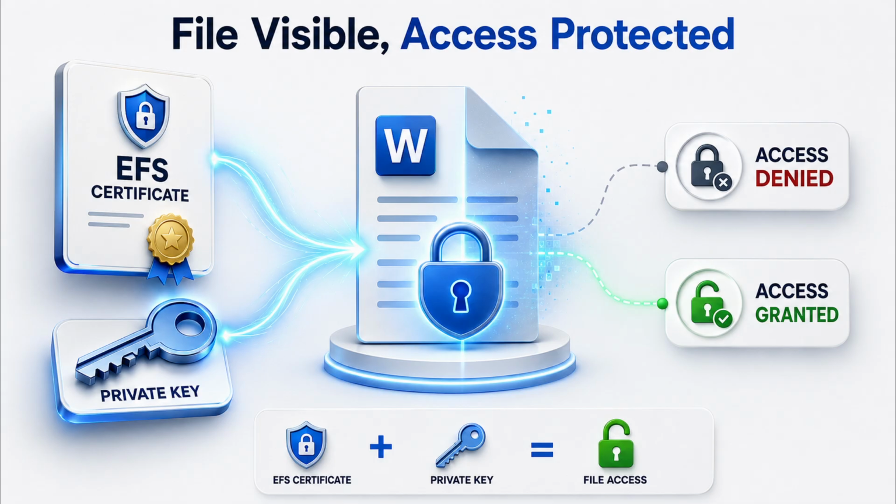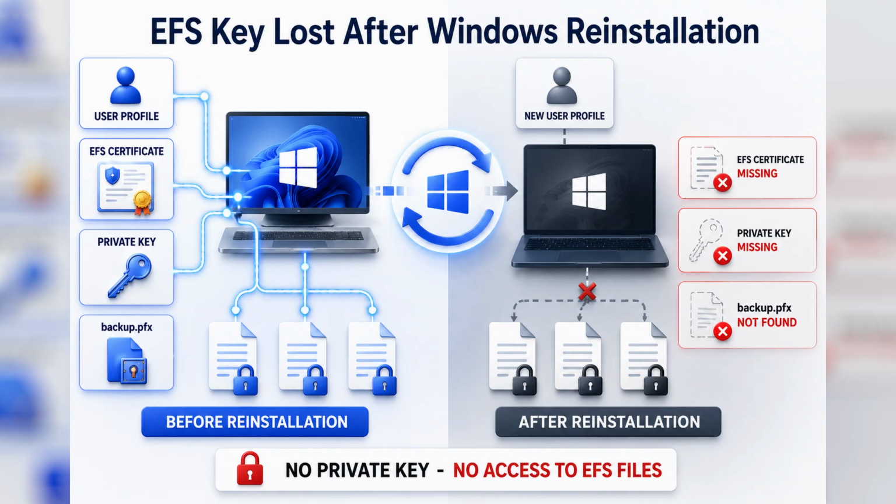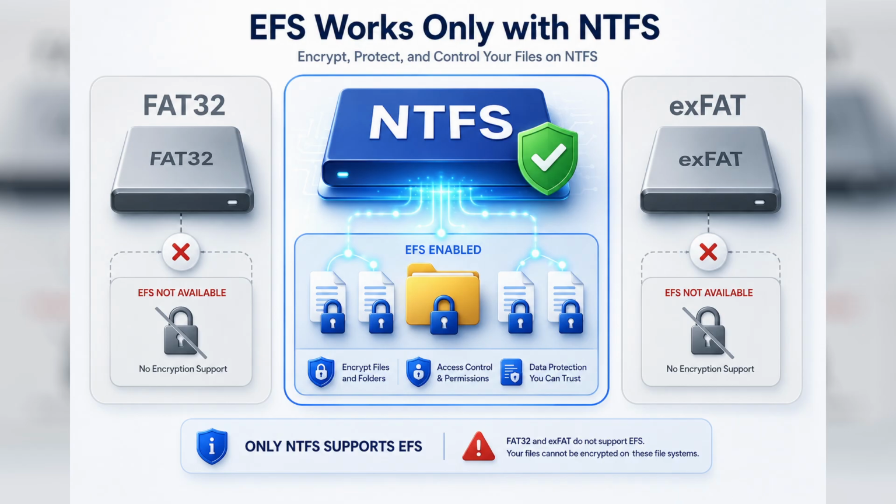This data confirms the right of access to the encrypted file. If such a file is copied to another computer or Windows is reinstalled without saving the key, access to it may be lost. Important: EFS works specifically with NTFS. If the storage media is formatted in FAT32 or exFAT, this feature is unavailable.